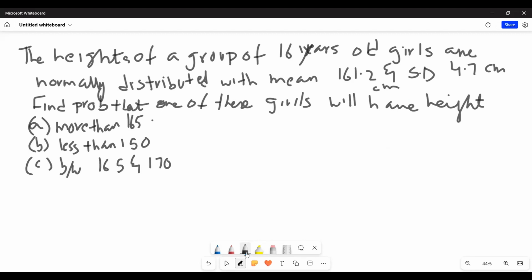Okay, so the first part is probability X is more than 165. Sorry, why did I make a less than symbol? It should be more than. This is a normal distribution, but the mean is not 0 and the standard deviation is not 1.